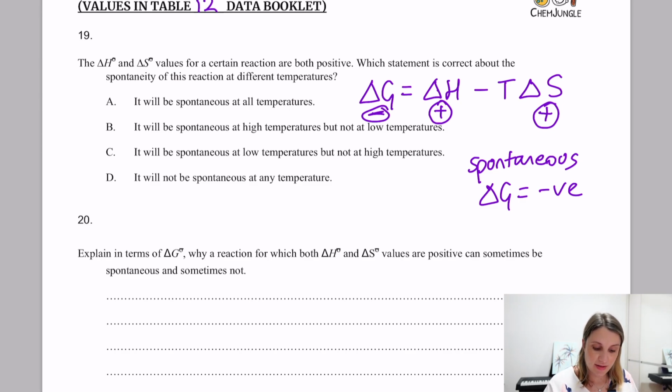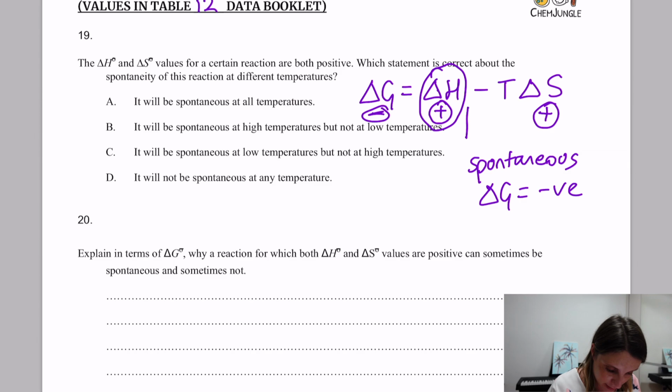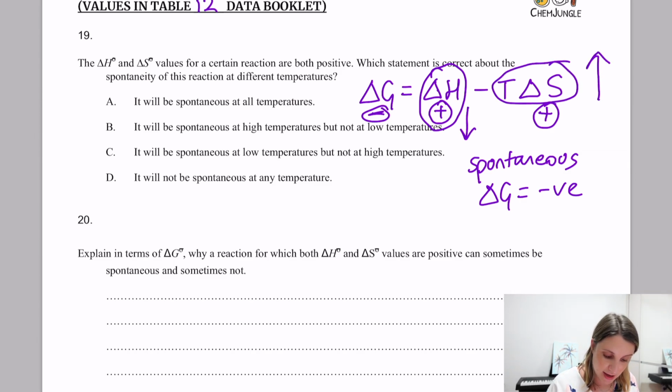In this case, there's no guarantee that this is always going to be negative or always positive. It depends on the relationship between the delta H and the T delta S. The delta H is positive, so if I want spontaneity, I want this number to be as small as possible, and I want this number here to be as big as possible, because I want to be subtracting the biggest number away from it to make it the most negative, or the most spontaneous.